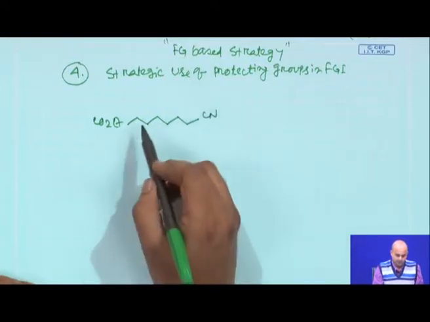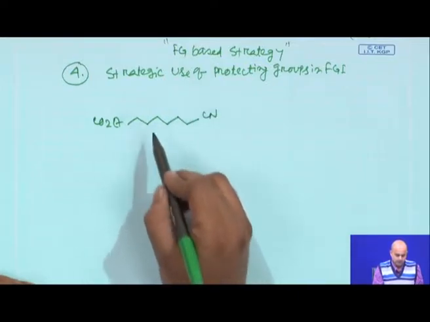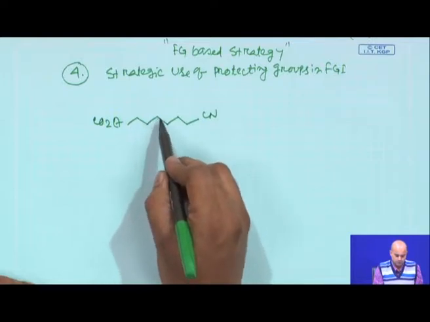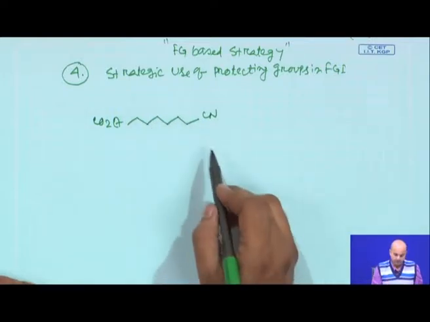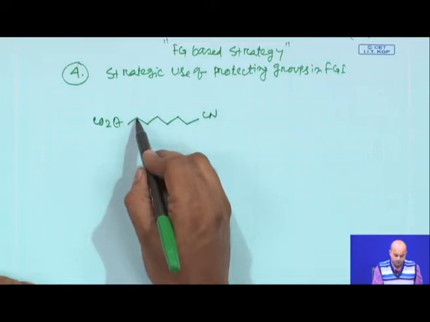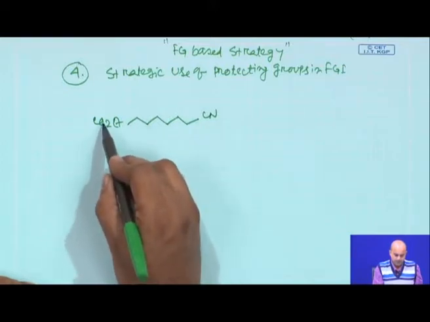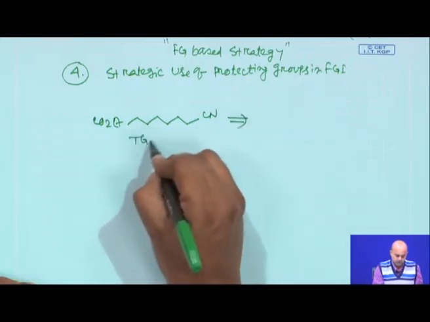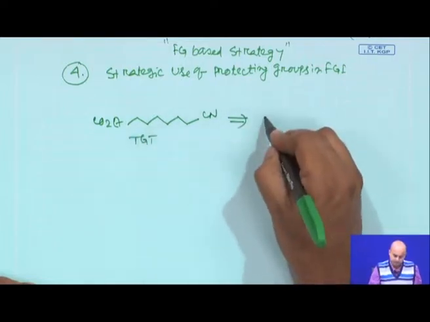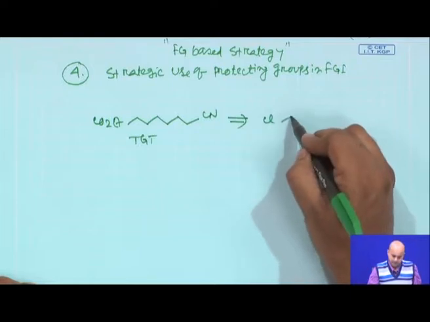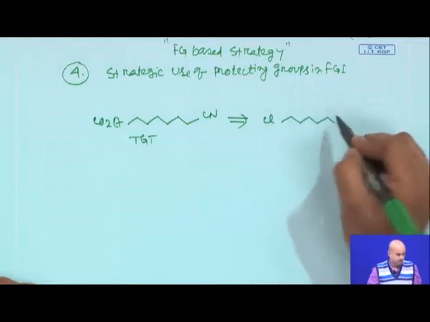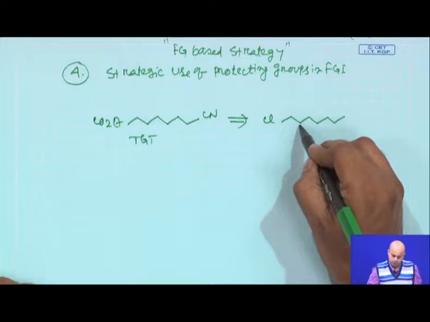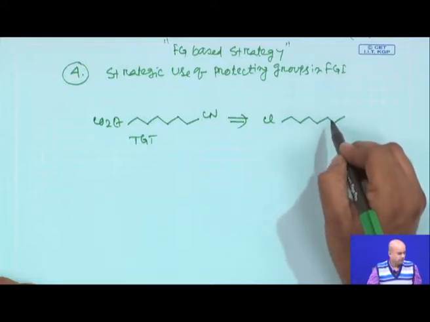I said this particular compound which is having 1, 2, 3, 4, 5, 6 CH2 or methylene, one end is having CO2Et and CN. This target molecule was given to you, the starting material was something like this, 1, 2, 3, 4, 5, 6.